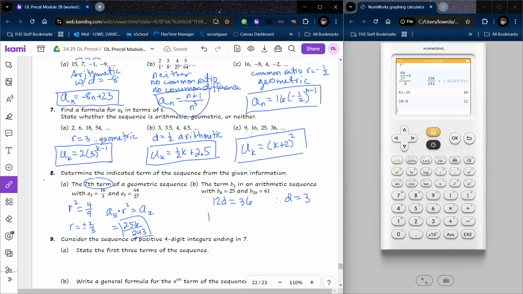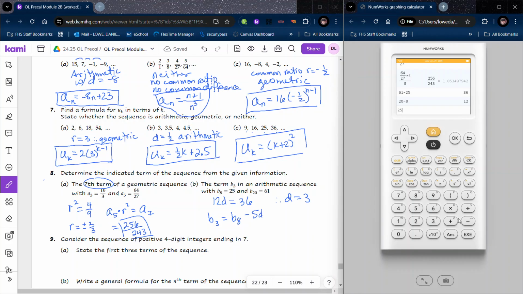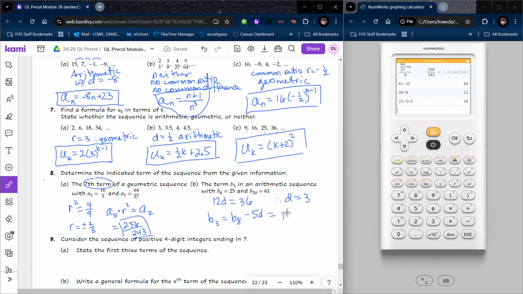I want my third term. Well, my third term is simply going to be my eighth term minus 5 differences. I don't need to figure out my first term. I just need the relationship between them. So my eighth term is 25 minus 5 times 3, and that's going to give me 10. So I know 10 is going to be my third term. I could double check.